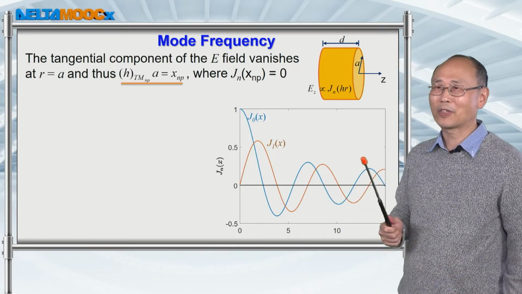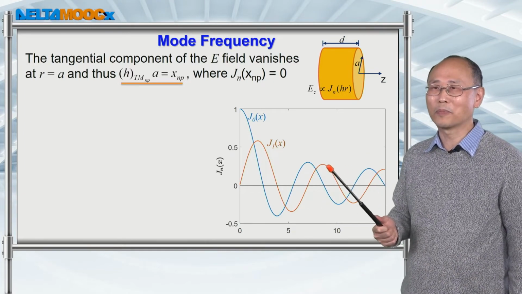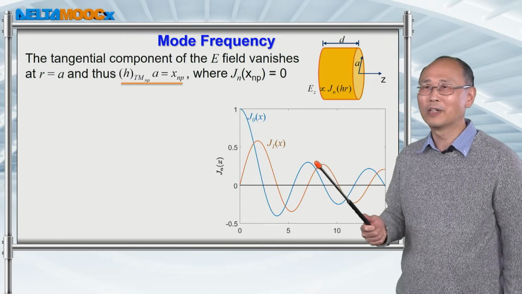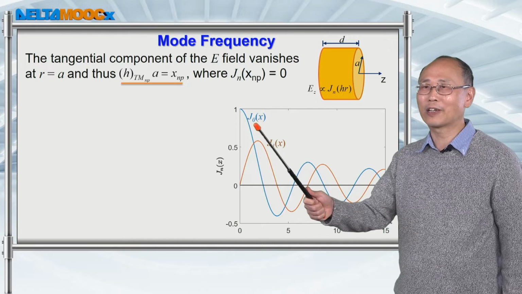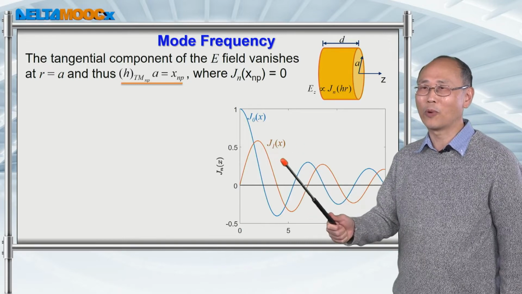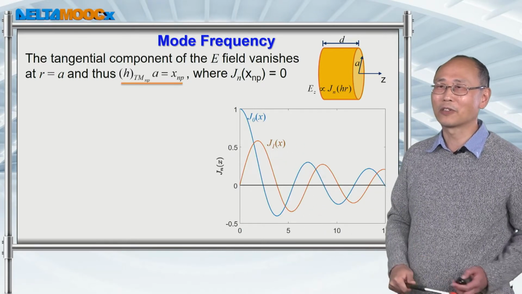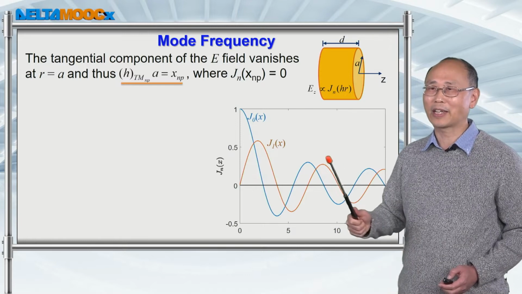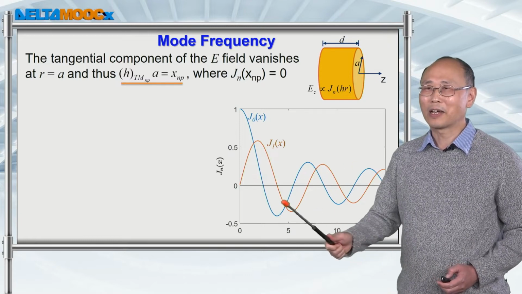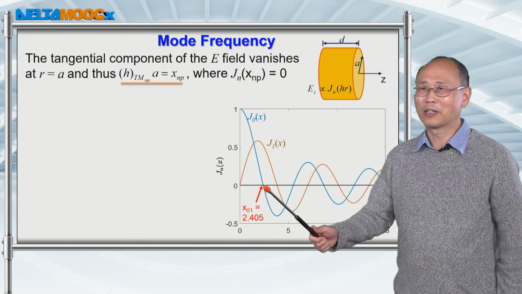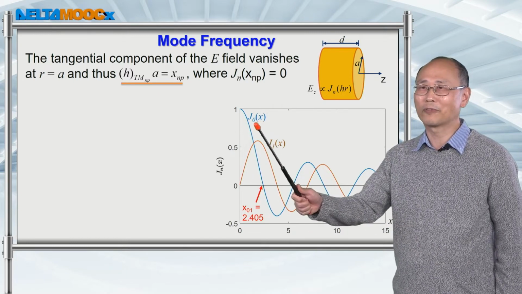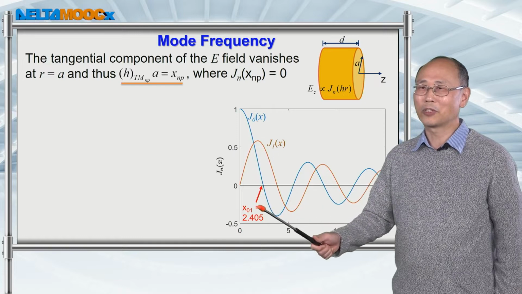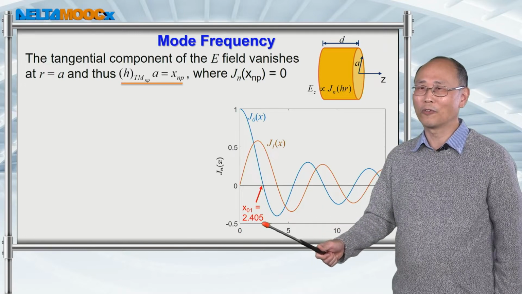And I have this plot for you to remember what we have before. If we plot the Bessel function of the first kind of order 0 and order 1, you see this oscillatory curve along the x direction. And this point is the first zero of the Bessel function of the first kind of order 0, which is 2.405.